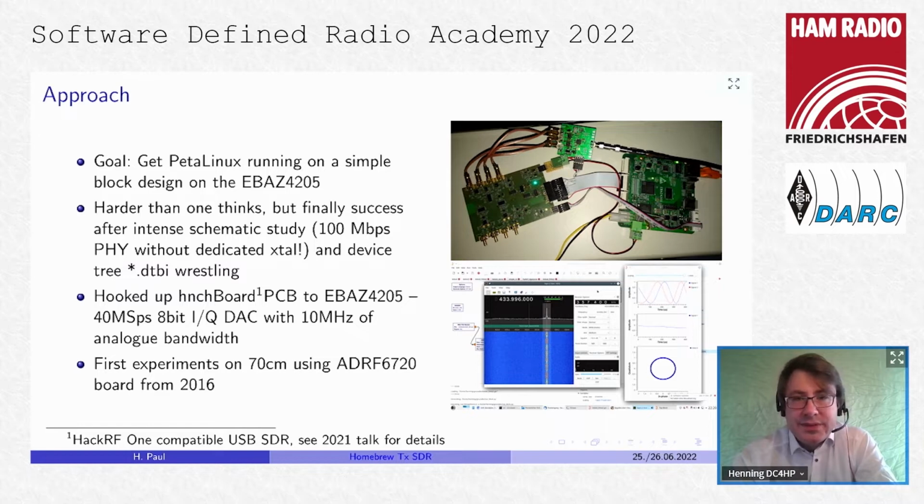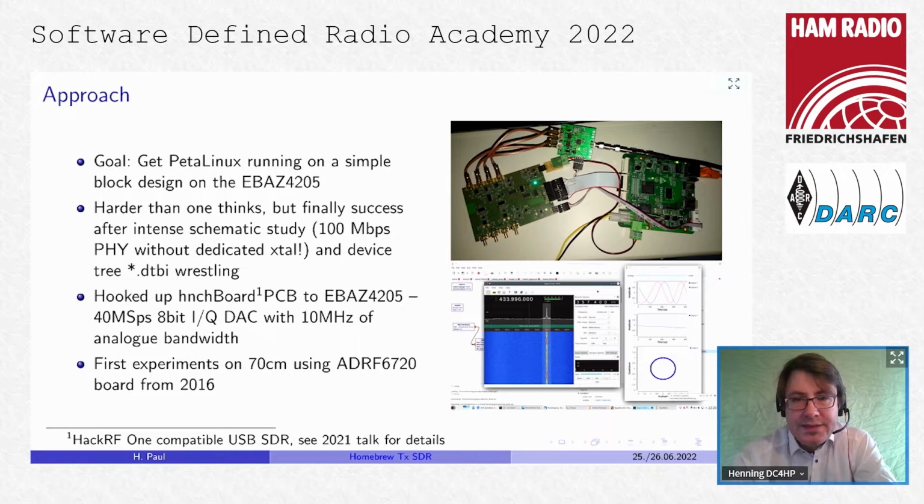So it took some weeks to get this running, but finally I was able to boot PetaLinux 2020 on this 4205 board, and I also managed to get the 100 megabit PHY chip running, which was a bit tricky because it doesn't have the dedicated crystal that PHYs normally have. So you need to configure the FPGA to generate the corresponding clock signal in order to get the PHY running. This was a bit tricky, but I finally got it working.